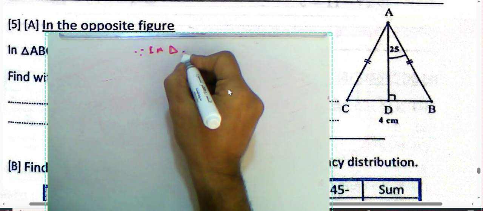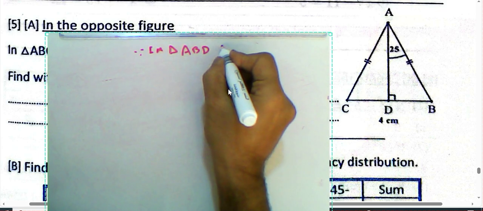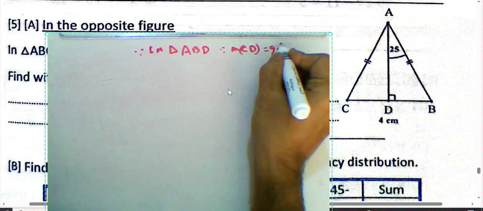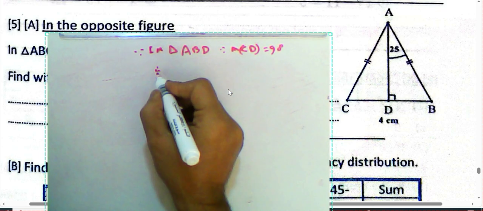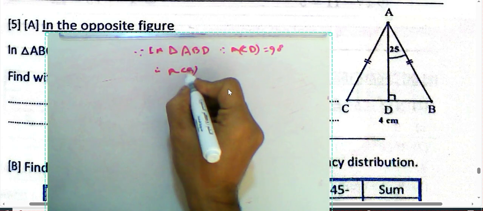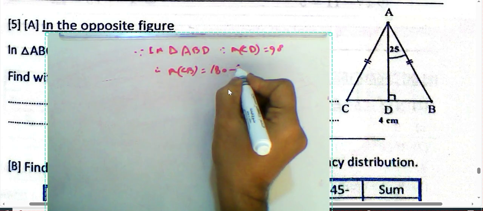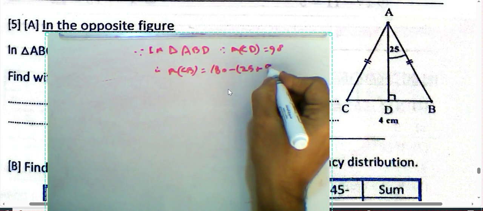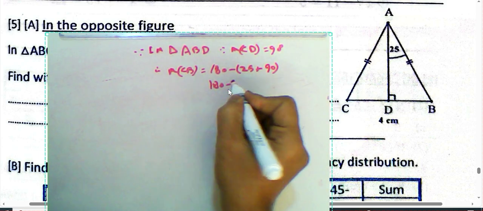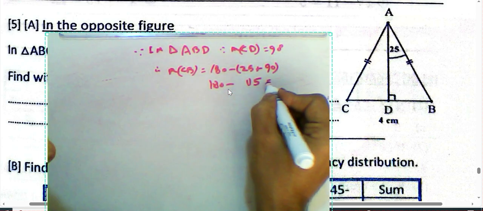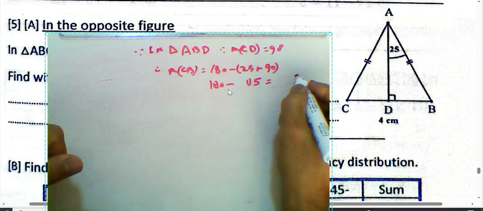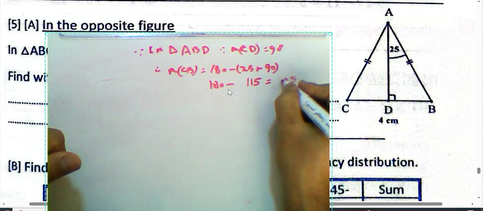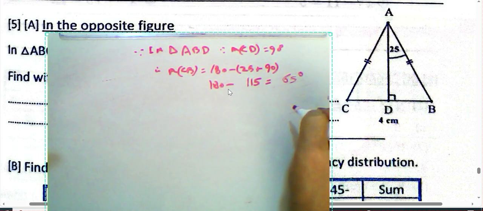Such that in triangle ABD, the measure of angle D was 90 degrees. Then the measure of angle B equals 180 subtract the sum of the interior angles 25 and 90. The result would be 65 degrees.